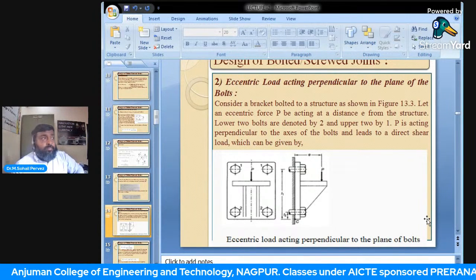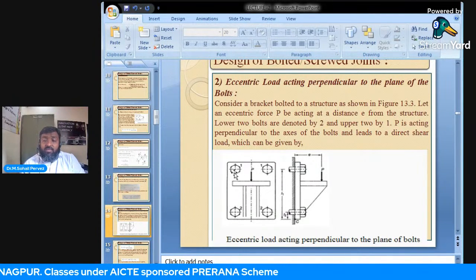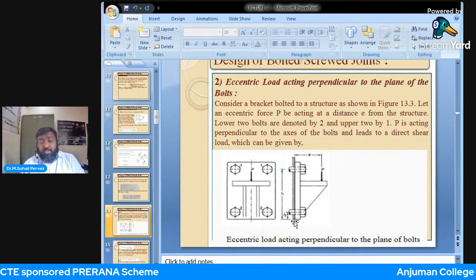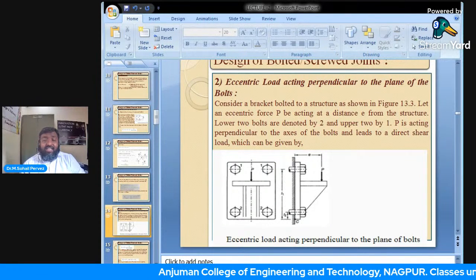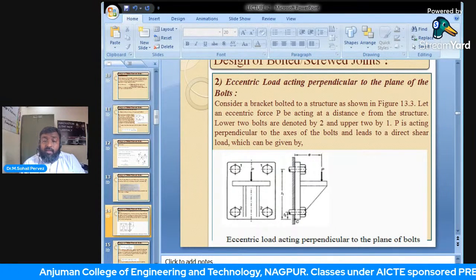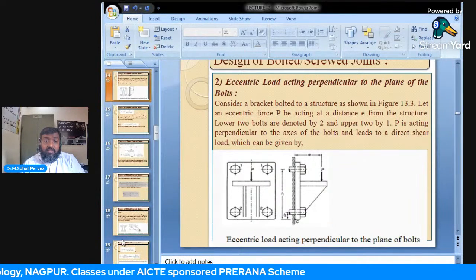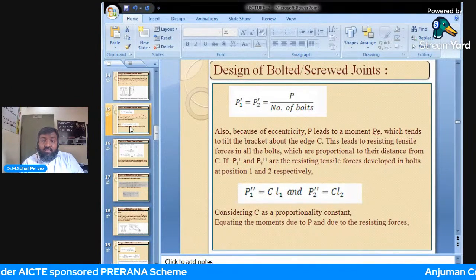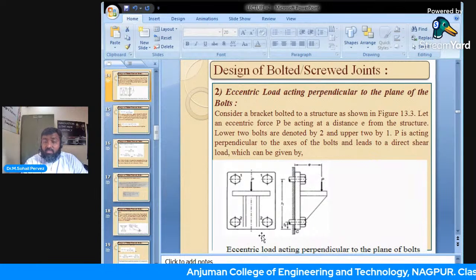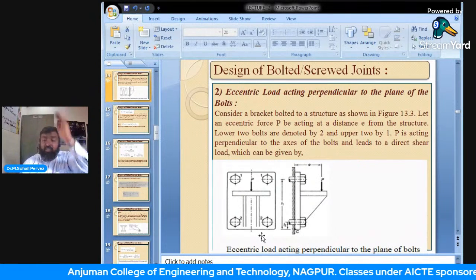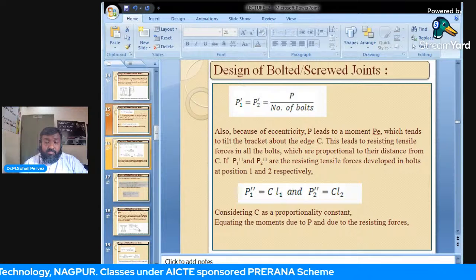So consider this bracket, wherein two bolts are kept in one line, bolt number 1 at a distance of L1, and bolt number 2 at a distance of L2, from the tilting edge C. Obviously, as seen in the last slides, all the bolts will be under shear.